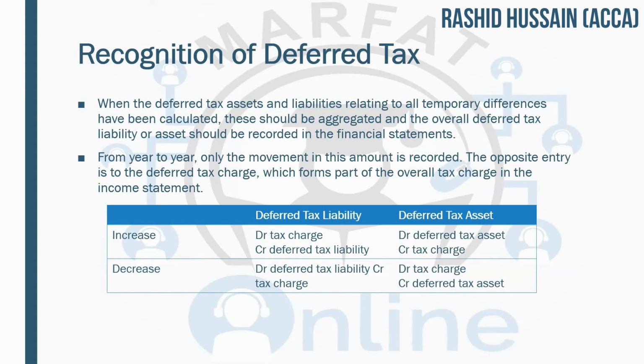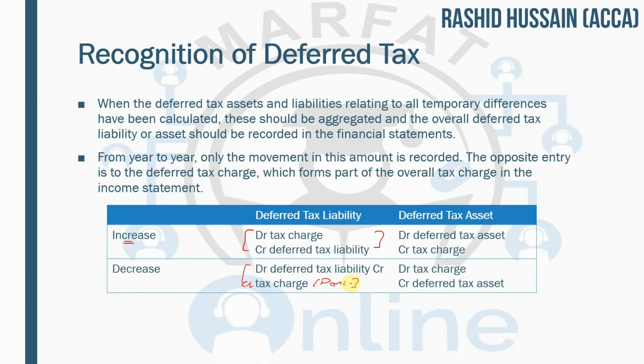So if there is an increase in the deferred tax liability, this is going to be recorded as an expense. Debit tax charge, credit deferred tax liability. If there is a decrease in the deferred tax liability, that will simply be a reduction in the liability and the credit will go to the tax charge. So debit deferred tax liability and profit or loss will be credited.